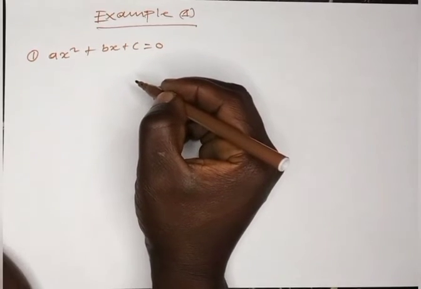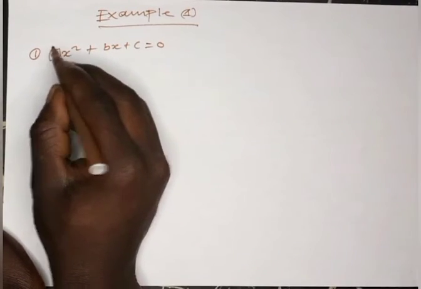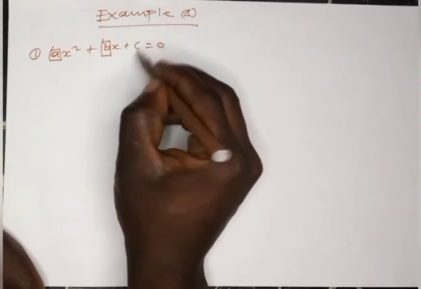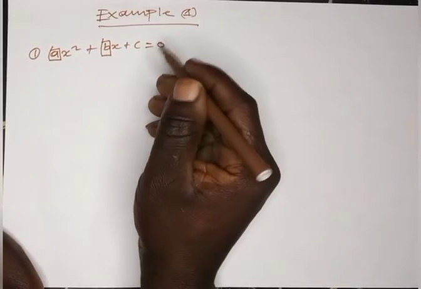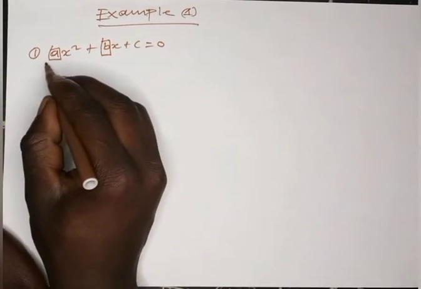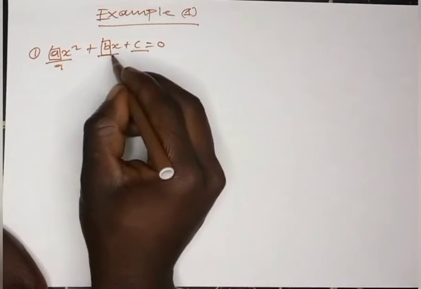Here the most important thing to look for is whether there is a number at the front, the coefficient a of x squared. So let's divide throughout by a, as you can see.